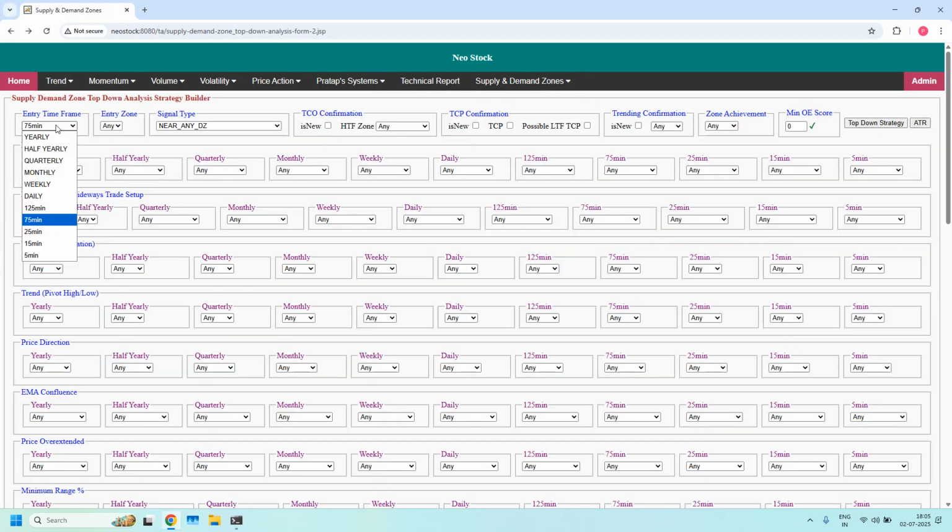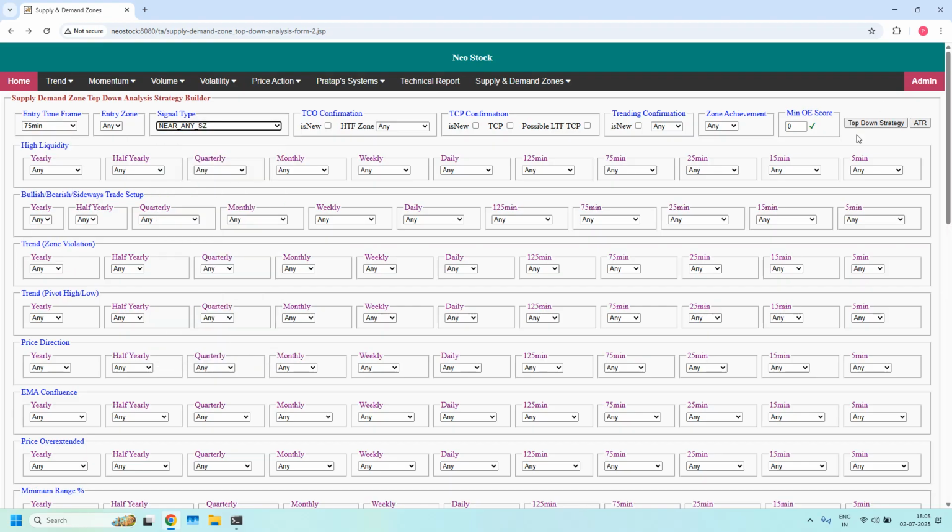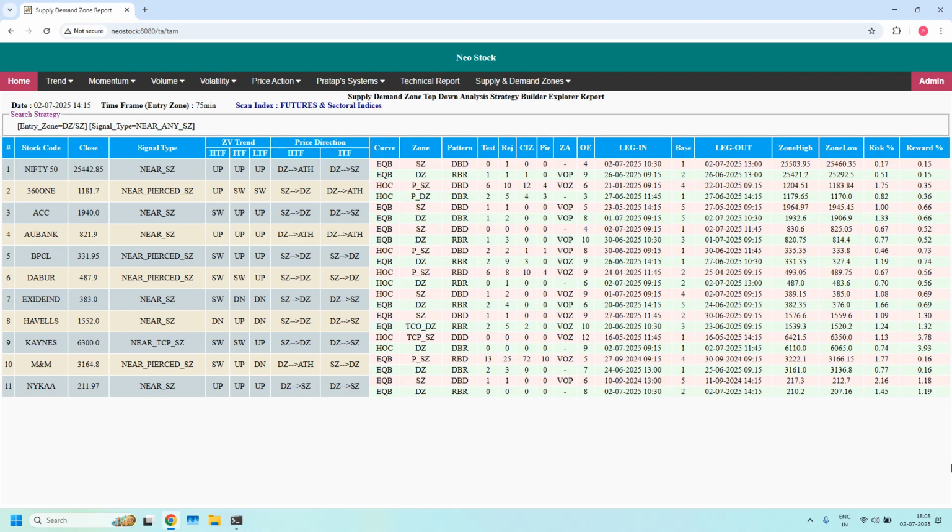Okay, next for 75 minutes time frame, stocks near to the 75-minute supply zone, we got 11 stocks. Let us identify 75 minutes high liquidity supply zones from this list.